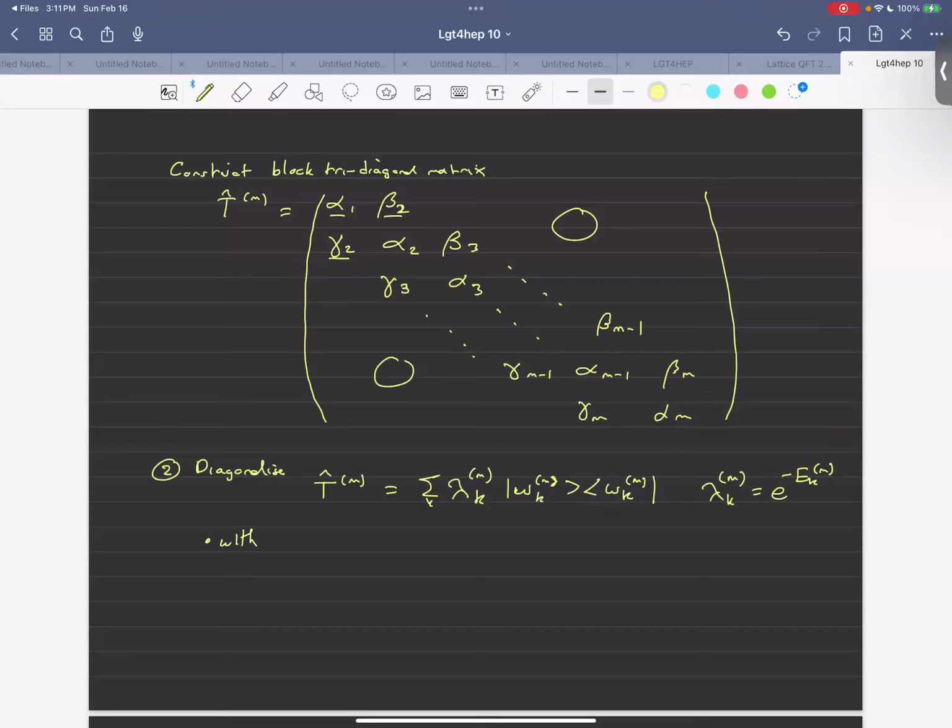With stochastic calculations of correlation functions, you're going to get spurious eigenvalues.